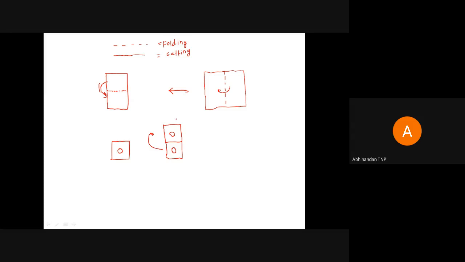Then we have to unfold it again. This total portion we are going to unfold. When I unfold it, what kind of image do you get? This is the unfolded version. Here you get a circle. Here also you get a circle.